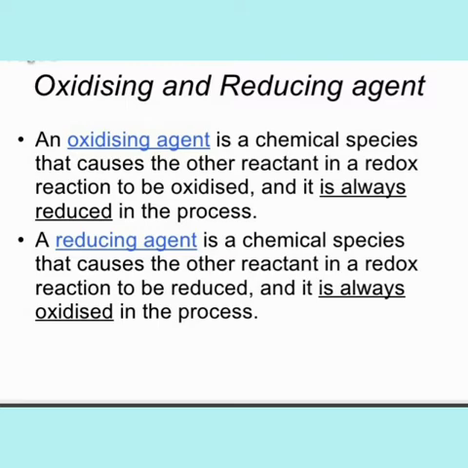A reducing agent is a chemical species that causes the reactant in a redox reaction to be reduced, and it always oxidizes in the process. In other words, a reducing agent always takes the oxygen from the other reactant.